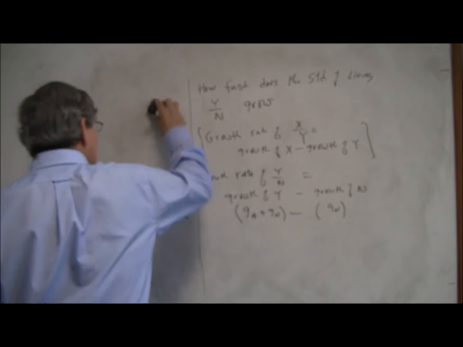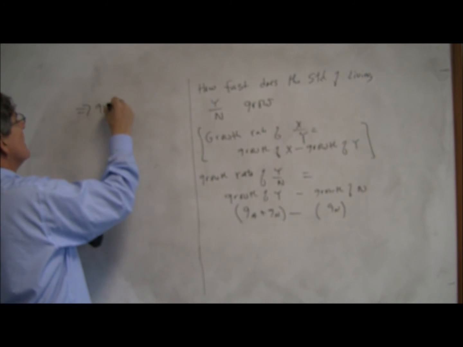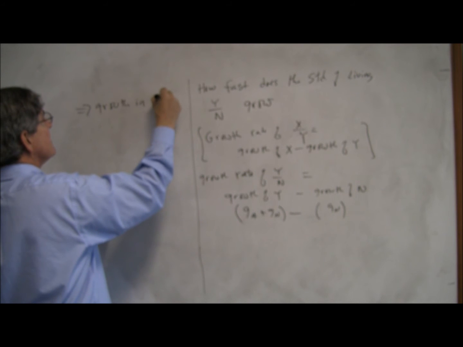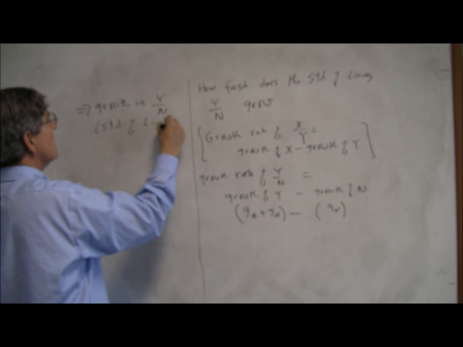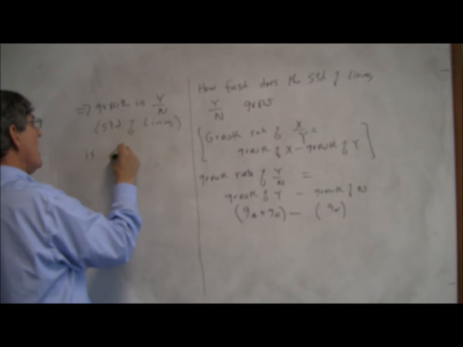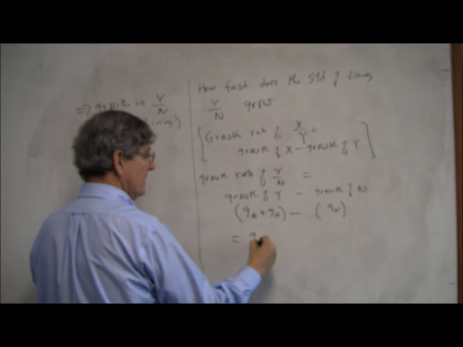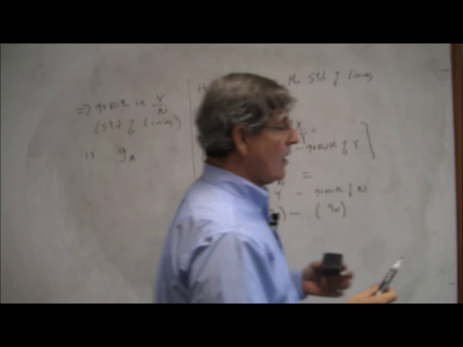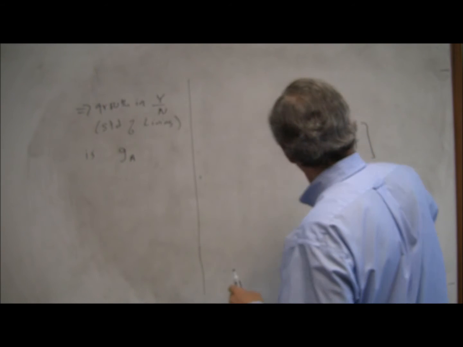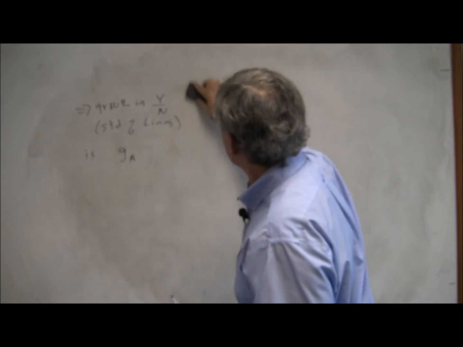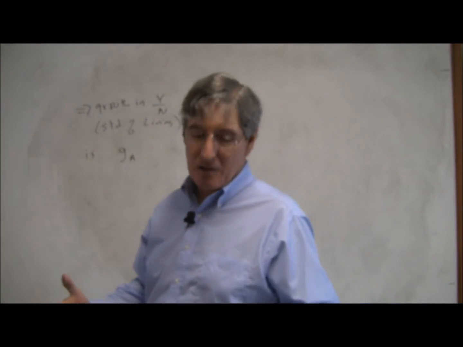The growth in the standard of living is what? So that tells us that the growth in the standard of living is just g of A. g of A plus g of n minus g of n equals g of A. And so once we allow for population growth and a growth in technological progress, the growth in the standard of living is just g of A. Everything depends upon technological progress.